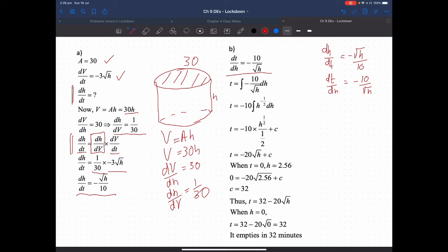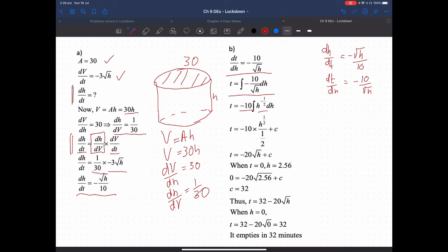If we did that, we would get t equals the integral of negative 10 over root h dh. Before we anti-differentiate, we can simplify that by taking the negative 10 in front of the integral sign and taking the root h up to the top line as h to the minus 1/2.